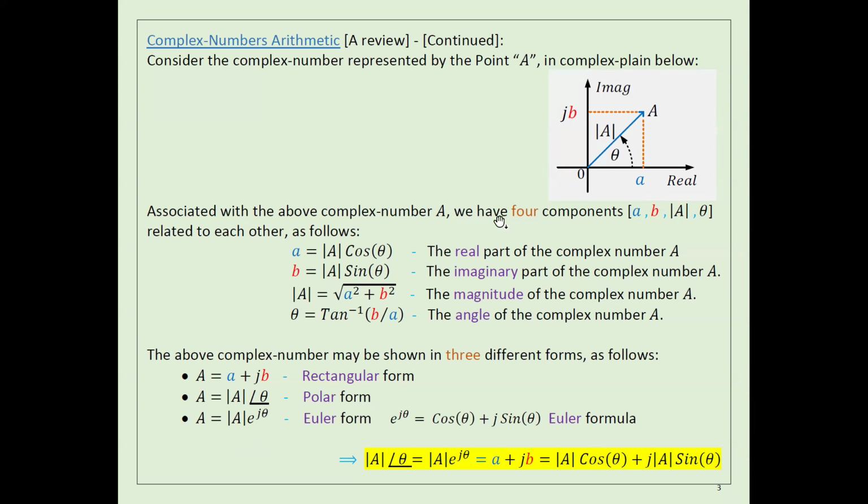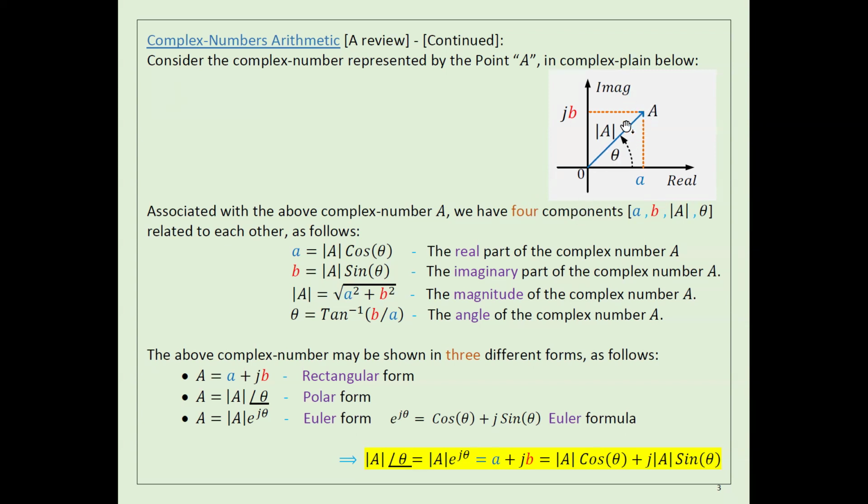So let's start. If you have this rectangular form, how can you convert it to polar form? I need to find the magnitude and I need to find the angle. Very simple. As you see here, the magnitude is the square root of a squared plus b squared.